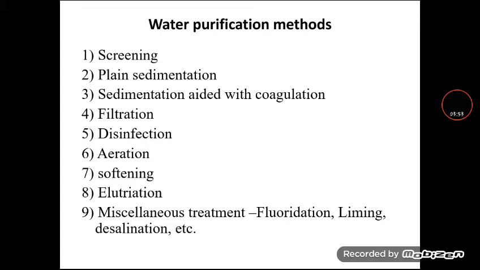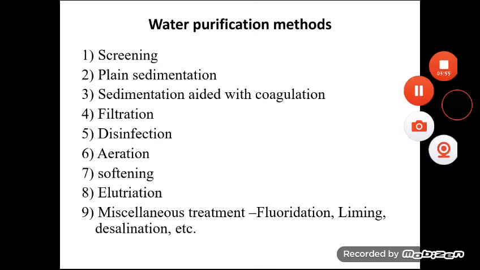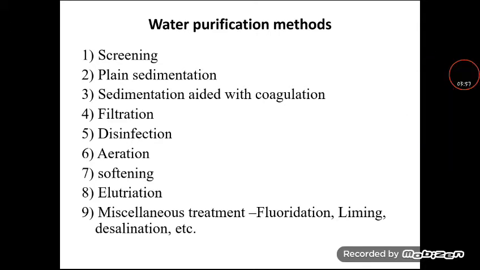Next one is the aeration process. Aeration is the process used to remove odor. Odor is the smell caused by some of the components present in the water, and also the bad taste due to the volatile gases present in the water, like hydrogen sulfide, because hydrogen sulfide is the contaminant which gives a rotten egg smell.